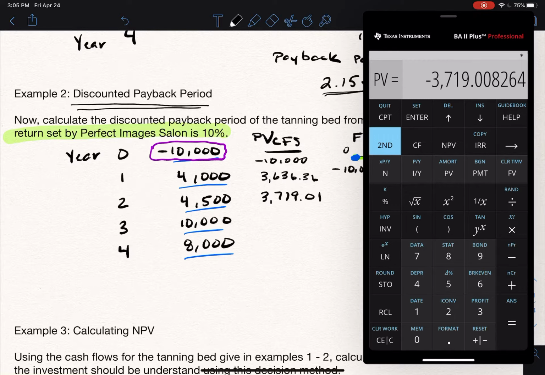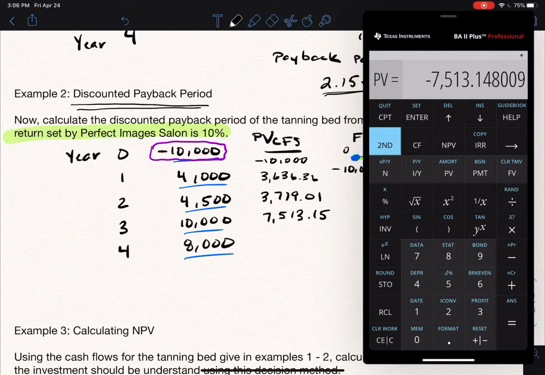All right, and then we're going to go 10, future value, 0, payment, 10, I/Y, and 3 for our N. Compute present value, we get $7,513.15.